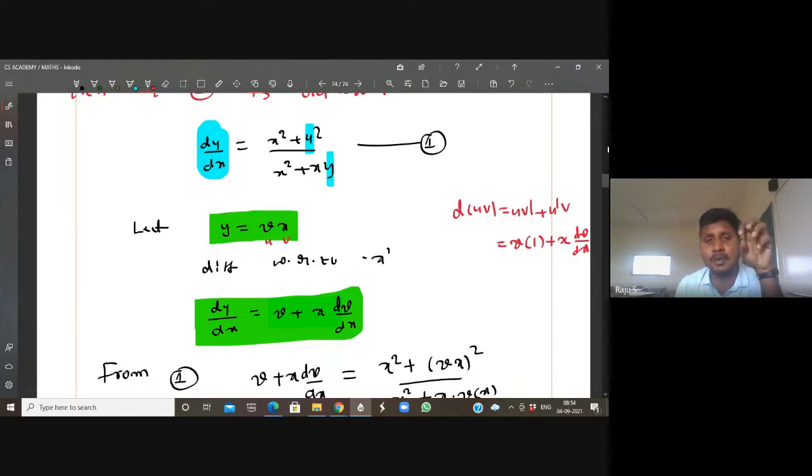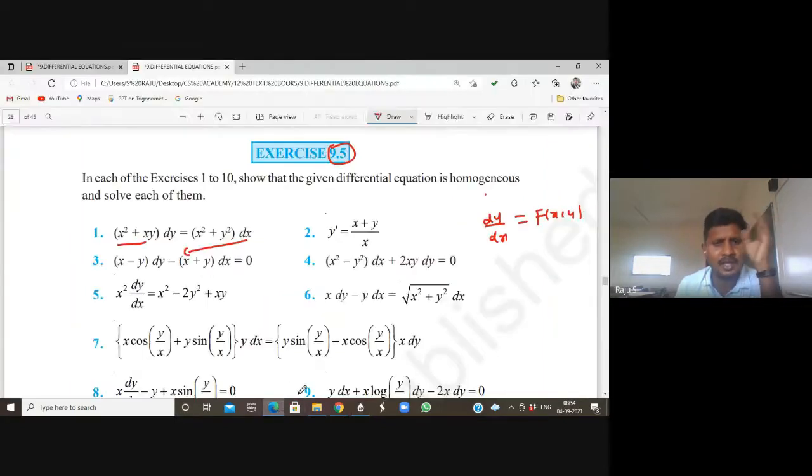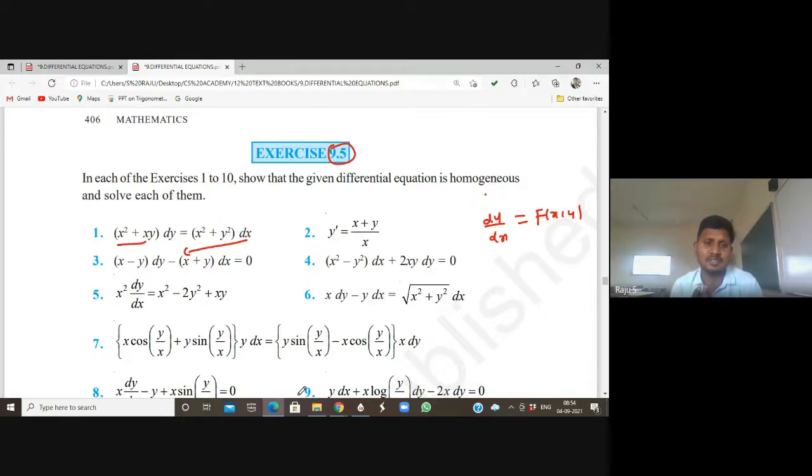So the variable separable method is not applicable. Not only in this first question, in any question you take, you cannot separate the variables. Then only will we come to the second method. This is an implicit function, not explicit. Explicit function means y is equal to f of x. We can separate x on one side and y on the other, but in these questions we cannot separate, so we go for homogeneous or linear.